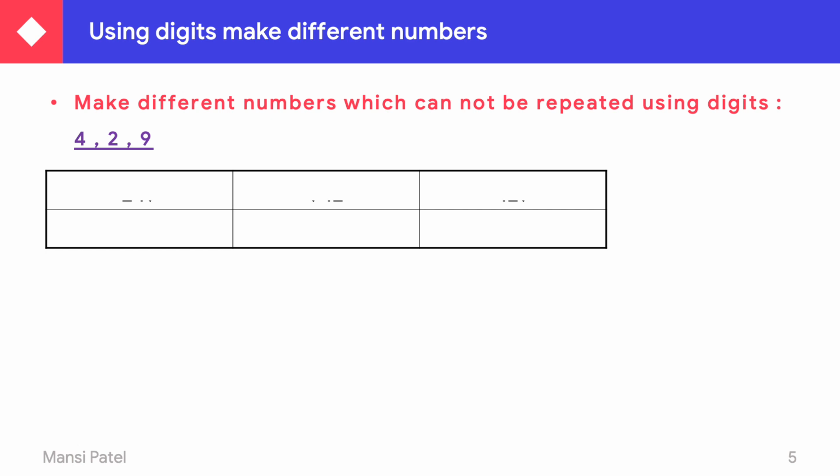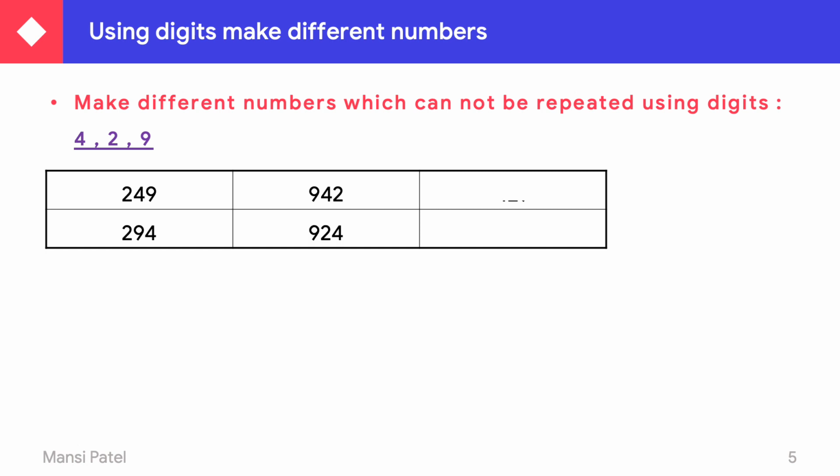So first of all, write down the numbers in ascending order. So it is 249. Then just change the place of ones digit and tens. So it becomes 294. Now write down the greatest number 942. Now in the second number you have to just change the place of ones and tens.